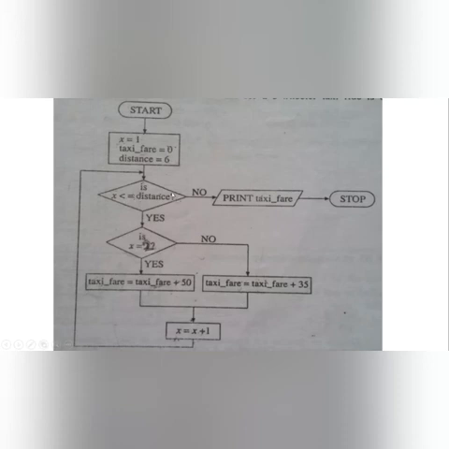We can finally say no, and in the output they tell us print taxi fare, which means print 225, and then it stops. The entire part ends. There are no longer any repetition at all.